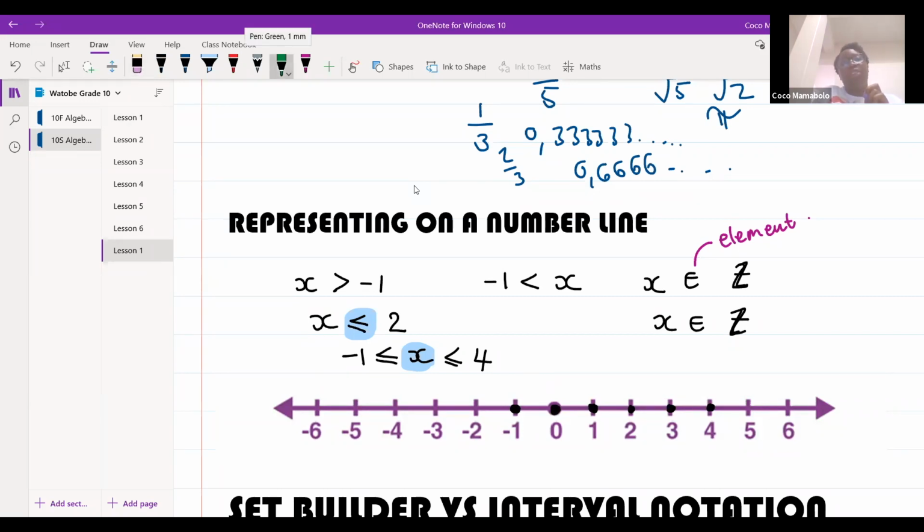So let me ask you another question. If I said that x needs to be greater than or equal to 1, where am I going to start, Angel?